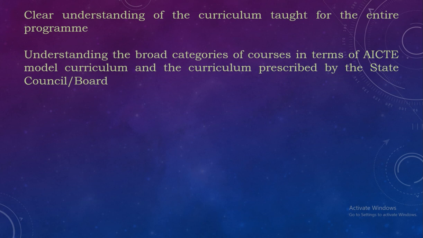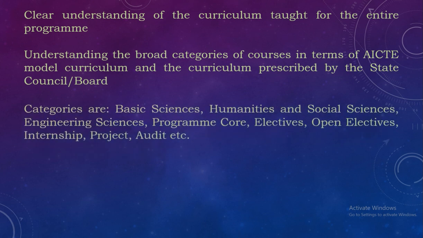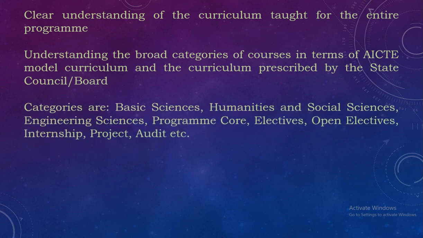The categories are the basic sciences, the humanities and social sciences, engineering sciences, program core courses, elective courses, open elective courses, internship, project, audit. So all these are the umbrella categories in which various sorts of courses are prescribed for the entire program.